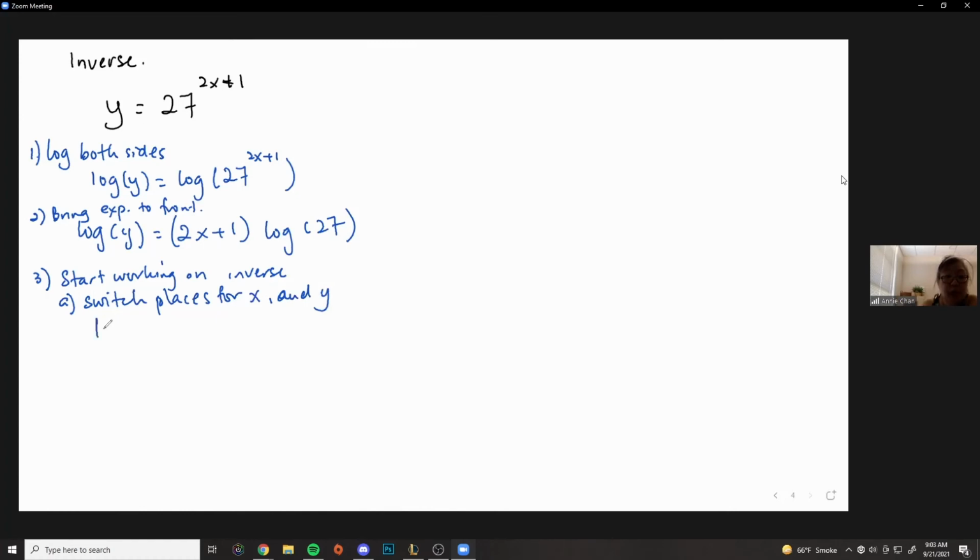So it will be log of, if it is y, we write x, equal to, if it is x, we write y. We're going to switch places for x and y. And then what do we do? What's the focus here now?